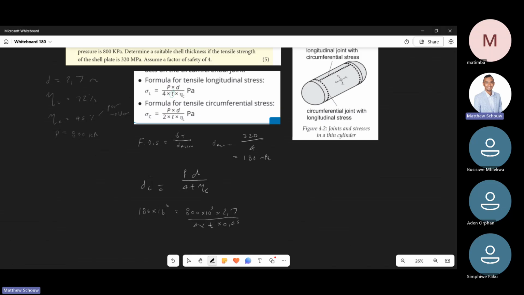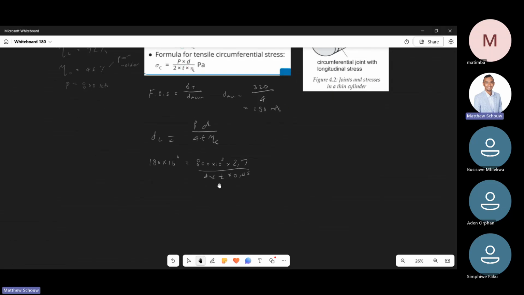It's a percent, right? We algebraically manipulate this, and this should be 800 times 10 to the power 3 times 2.7, divided by 180 times 10 to the power 6 times 0.45 times 4.